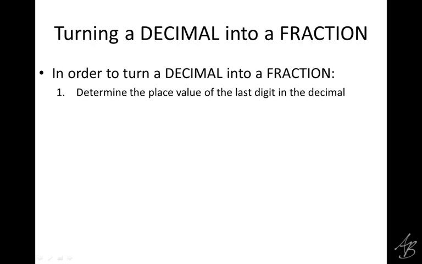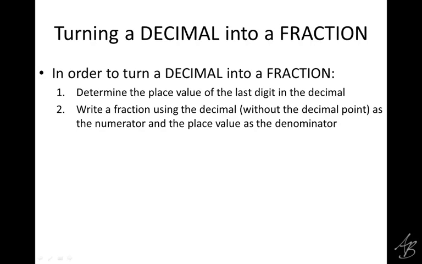Since we're talking about changing a decimal into a fraction, the decimals are going to be the numbers to the right of the decimal point. So when we're doing this first step, we're going to be looking at the tenths place, or the hundredths place, or the thousandths. Those are the ones where we're going to be getting fractions. Once we figure out the place value of that last digit, the one farthest to the right, we're going to write a fraction.